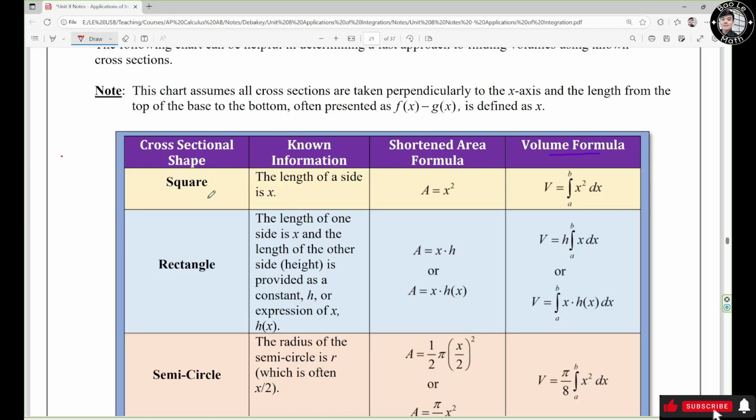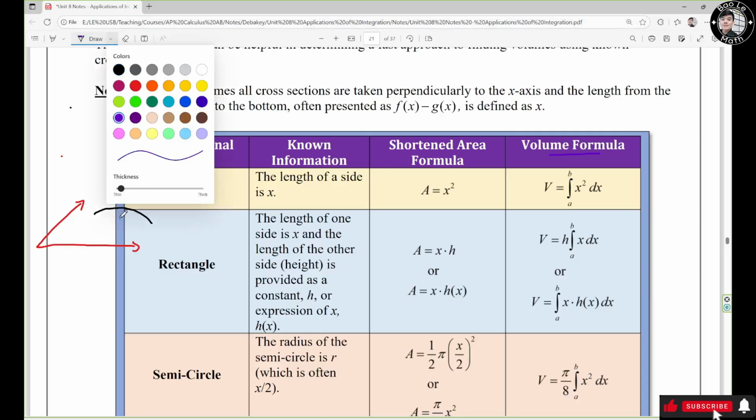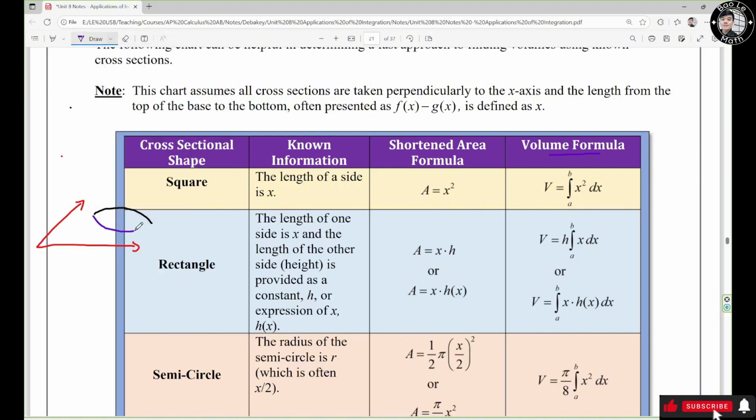Now let's take a look at this table right here. Suppose I have the x and y coordinates right here. Now suppose I have two functions. The first function is going to be like this, and the second function is going to be something like this.